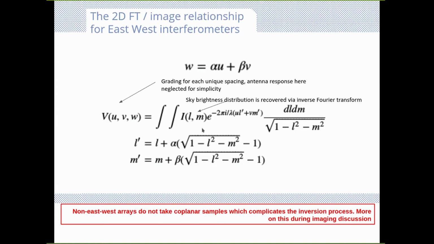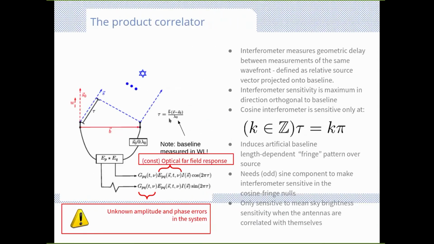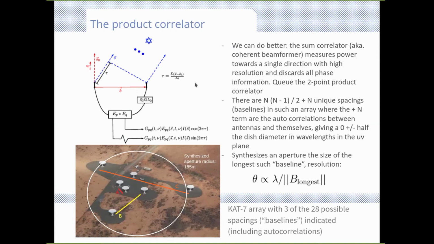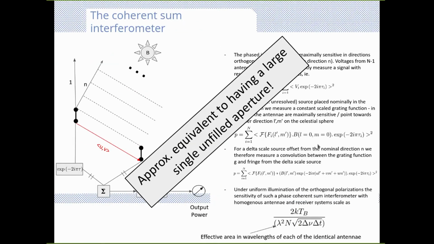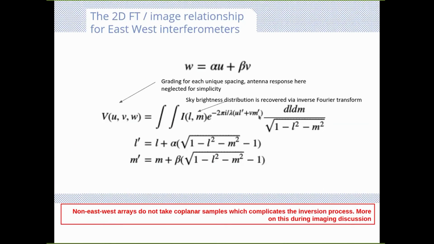The reason for this is that the W term, which we had previously, inside the complex exponential can be rewritten as a linear combination of the original L and M. And in this case, we again have a simple two-dimensional Fourier relationship between the visibility, or the interferometer grating, in U and V, and the sky brightness distribution, L and M.